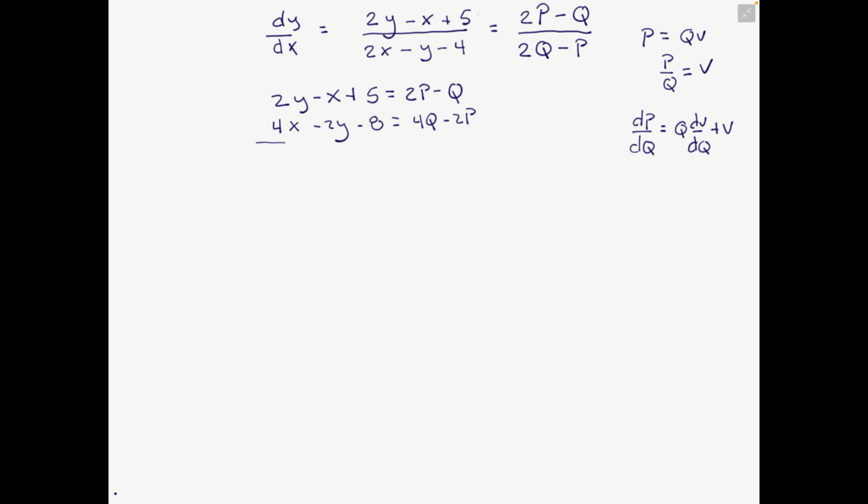Just multiplied everything by 2. Now I add these together. The y's cancel out, and I've got 3x minus 3 equals, and the p's cancel out, and we have 3q. And this means it's all divisible by 3, so we got x minus 1 equals q, and x equals q plus 1.